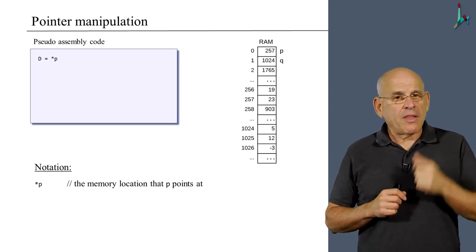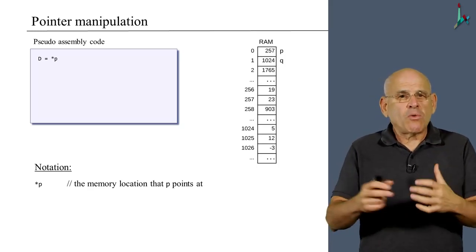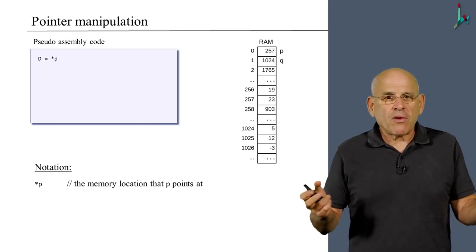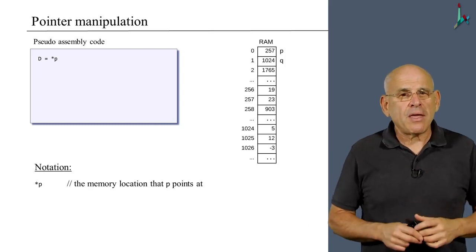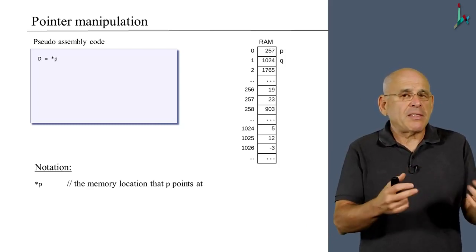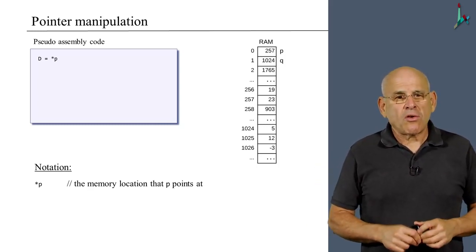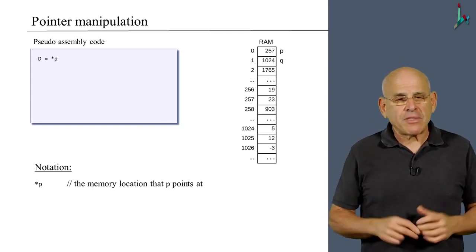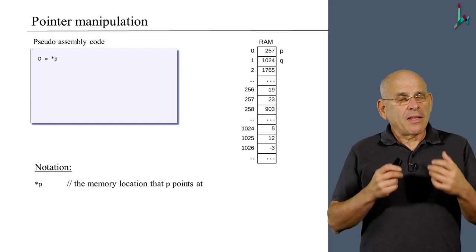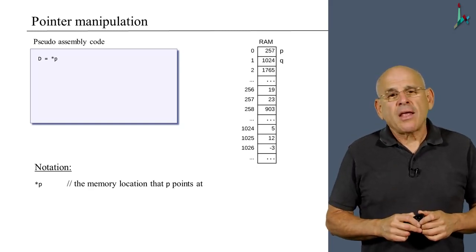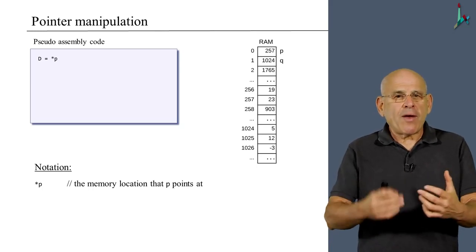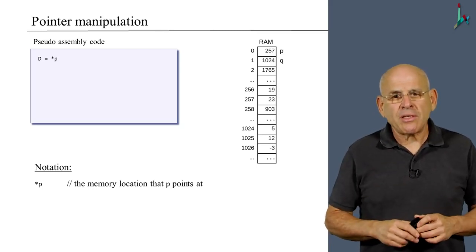Now, if we didn't put the asterisk, if we just did D equals P, then presumably we'll get the value 257, because that's what P points at. P is equivalent to 0, so D equals P will give us the contents of RAM 0, and yet we said D equals asterisk P. So when we say that, we imply an indirect addressing operation.